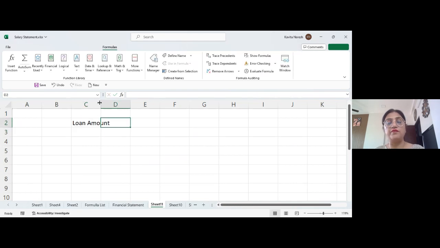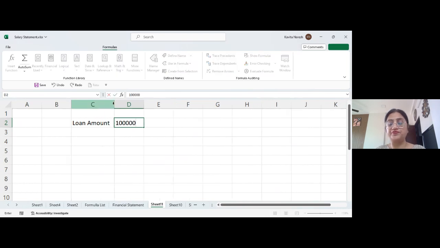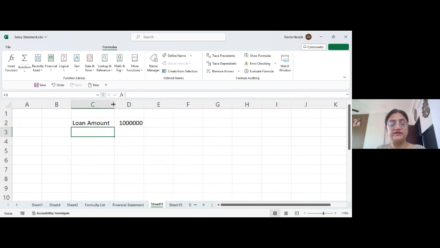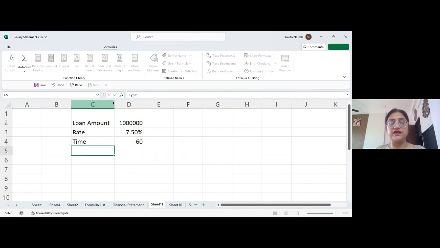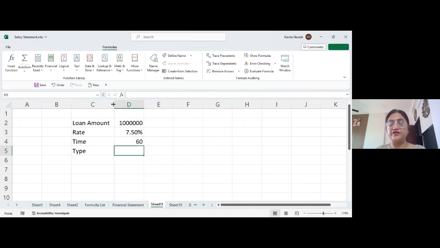Loan amount, same, I am taking 10 lakh rupees. Then rate 7.5%. Then time 60. I should type here the type also, no? 1. Okay. Now PMT. How can you calculate the PMT or EMI?